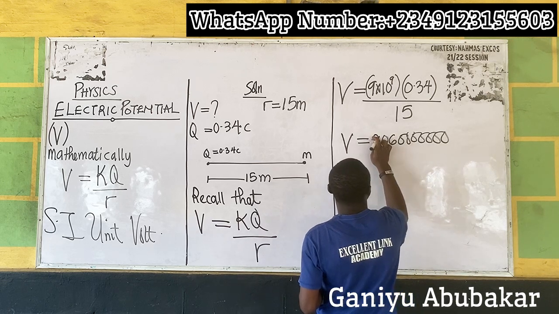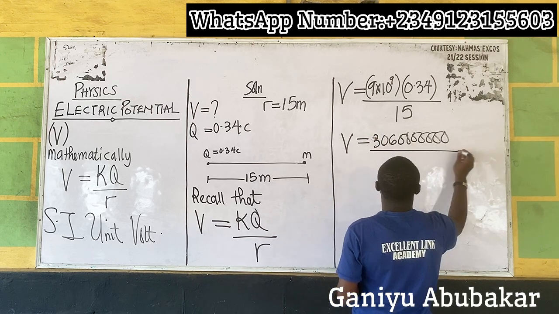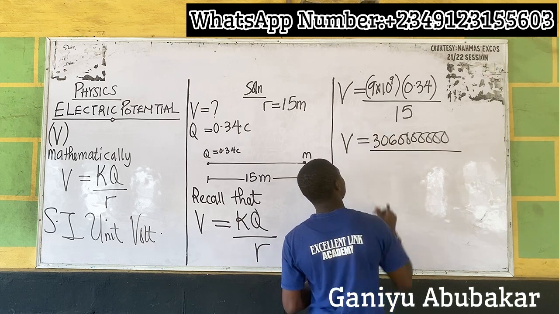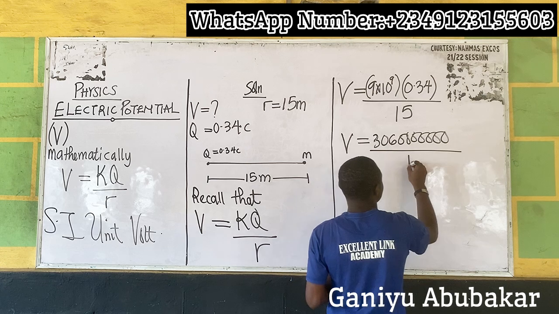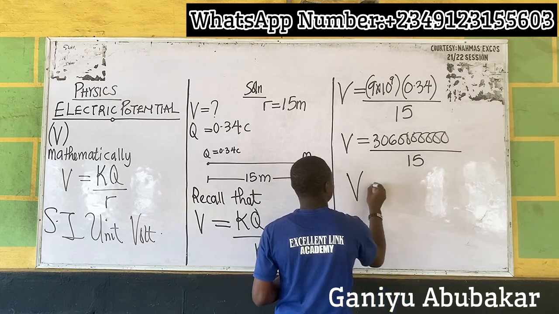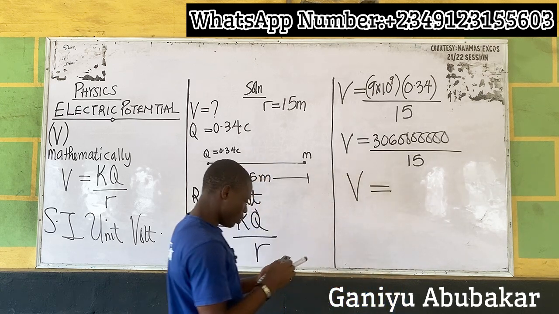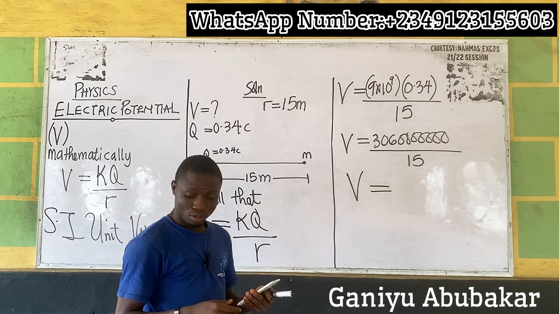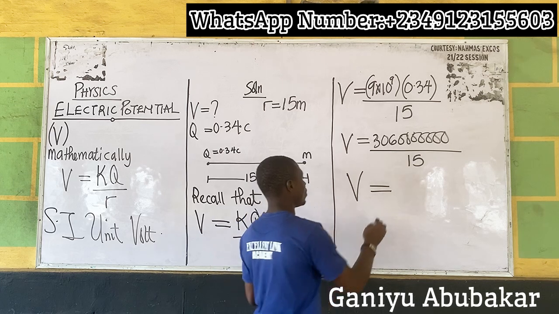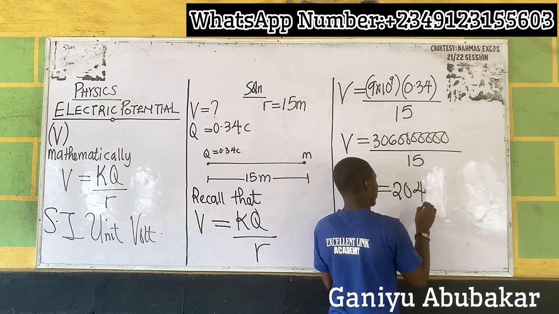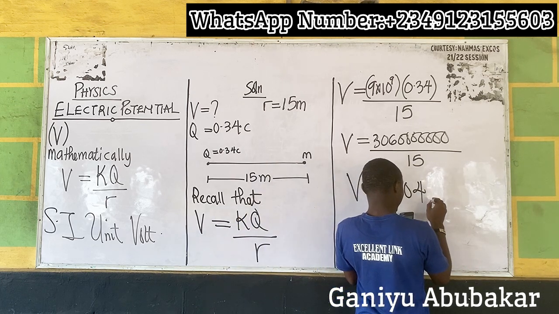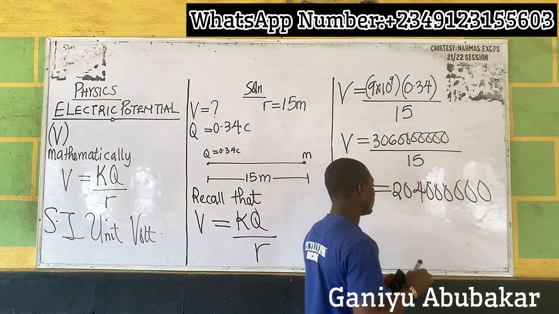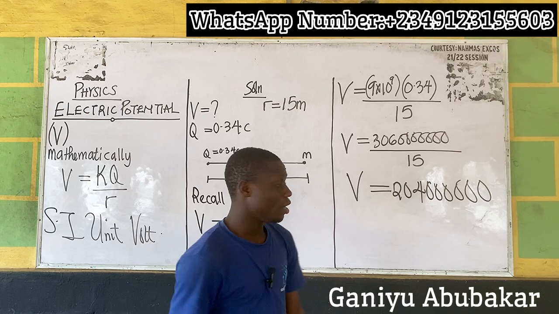This becomes the value of the numerator, all over 15. So if I divide by 15, that gives V around 204,123. All right, this becomes my value for V.